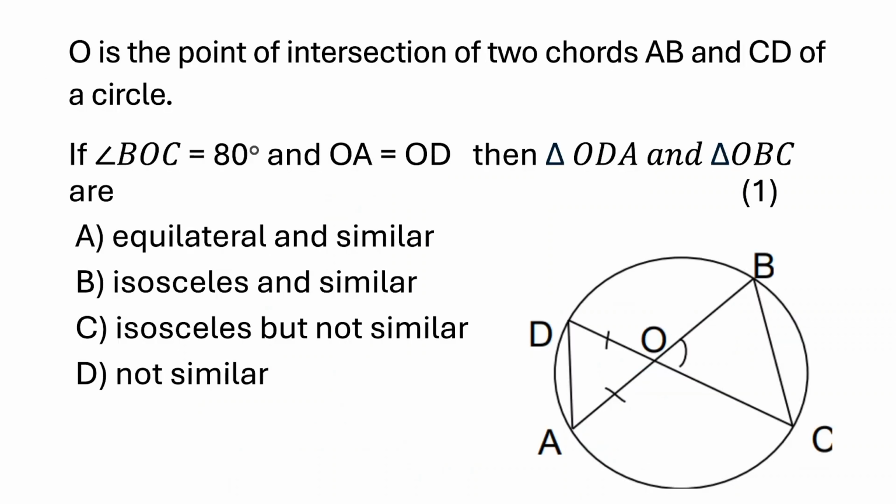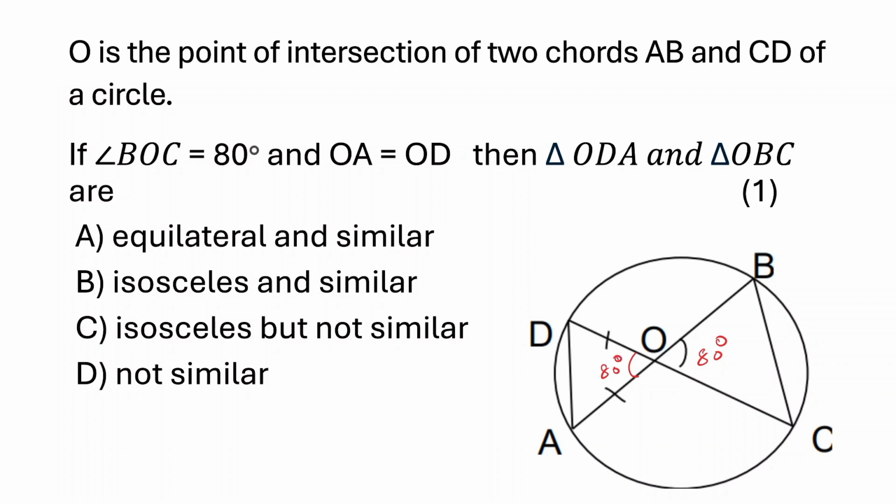O is the point of intersection of two chords AB and CD of a circle. If angle BOC is 80 degrees and OA equals OD, then triangle ODA and triangle OBC are. So from here you can understand angle BOC is 80 degrees, the opposite angle would definitely be 80 degrees, right?